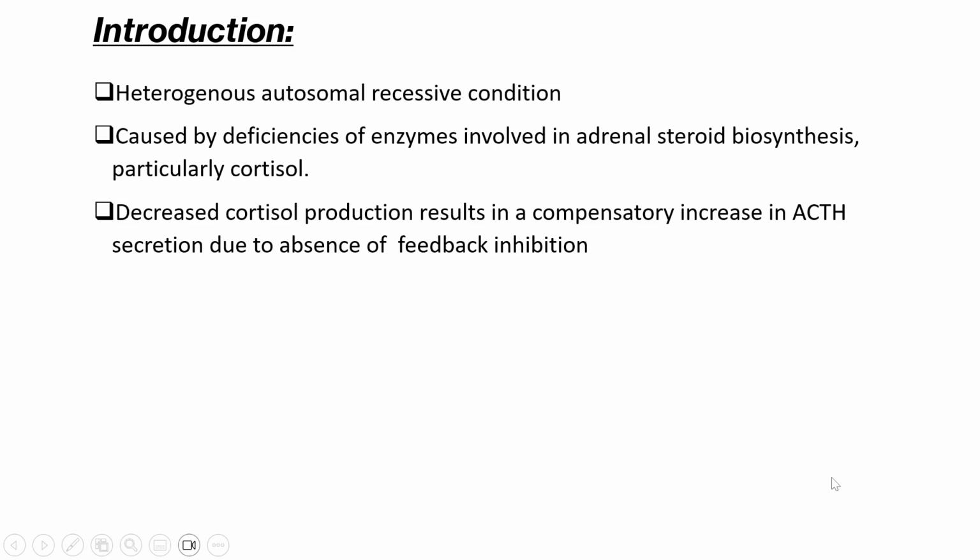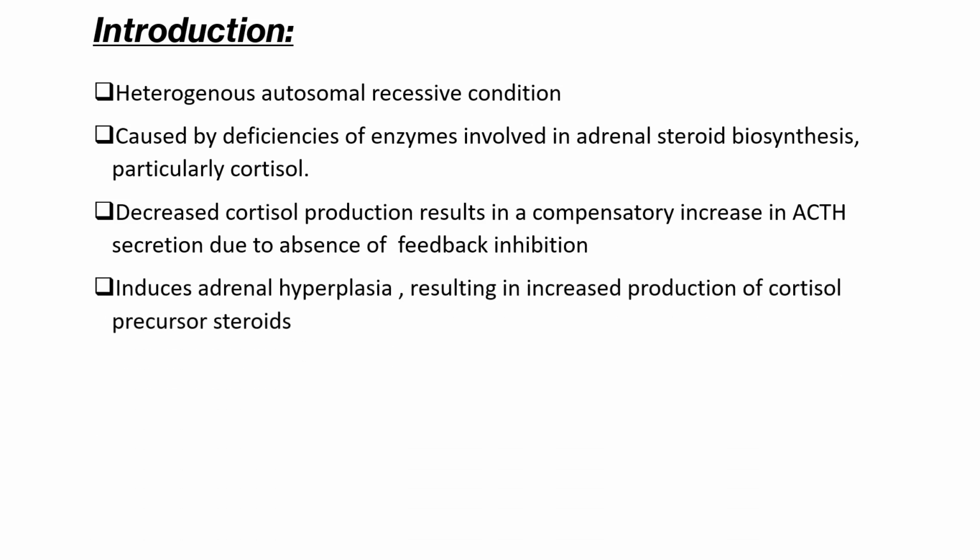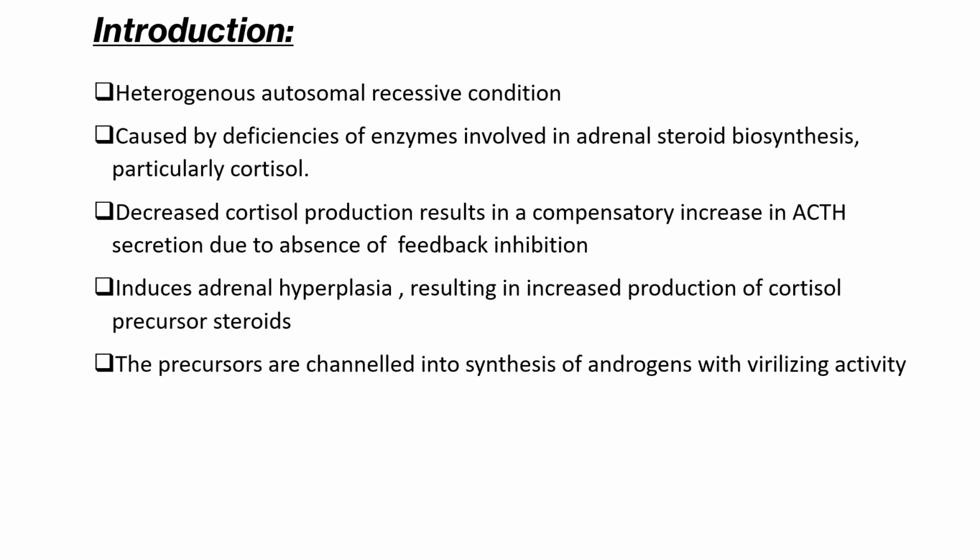That means this feedback inhibition will be lost, and in the absence of this feedback inhibition, the secretion of ACTH will be increased. So this increased ACTH results in adrenal hyperplasia and also results in increased production of the cortisol precursor steroids, and these cortisol precursor steroids then get channelized to the production of androgens, and that results in increased virilizing activity.